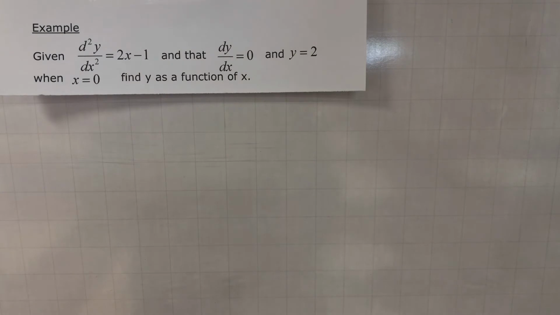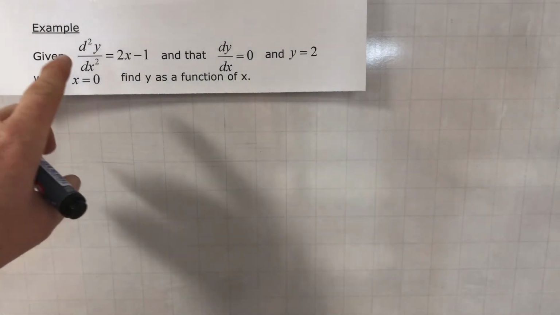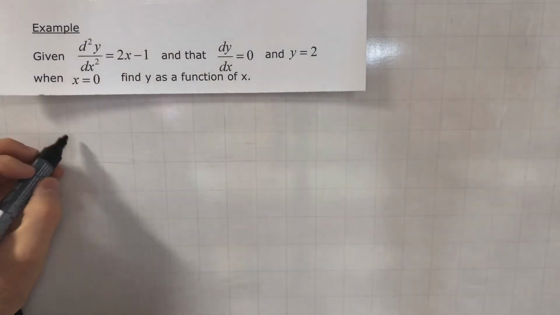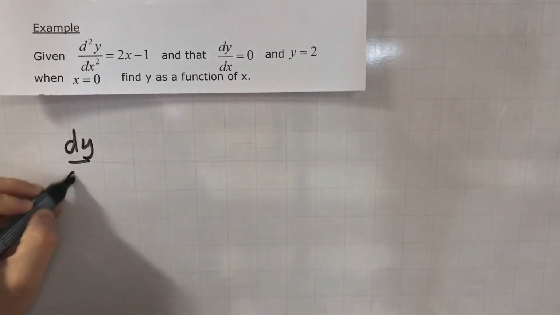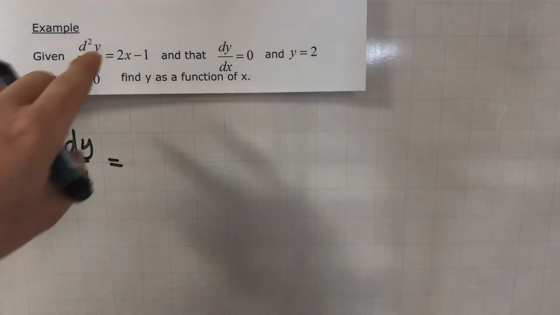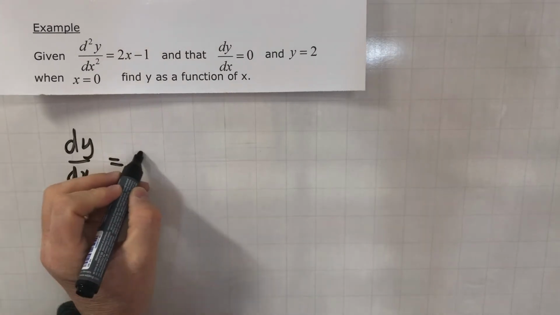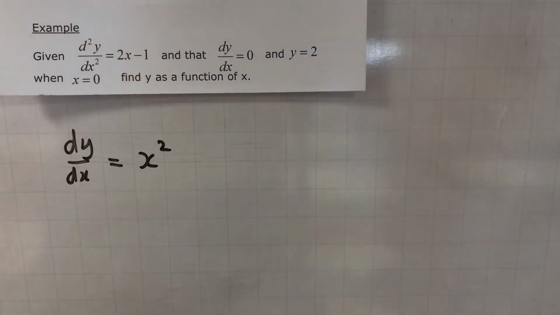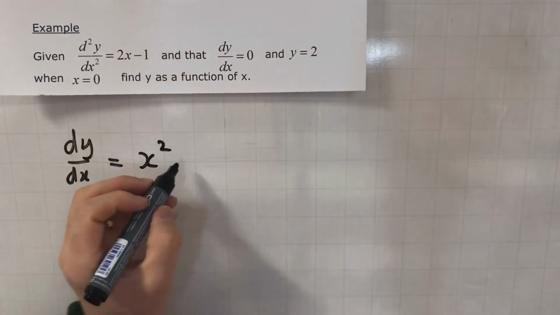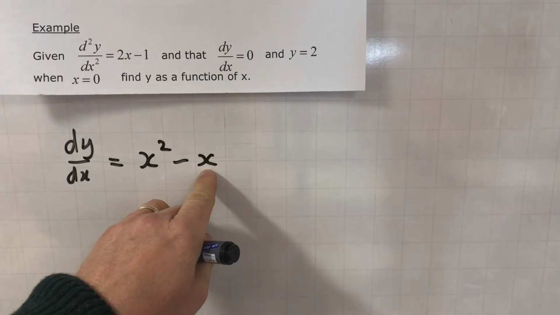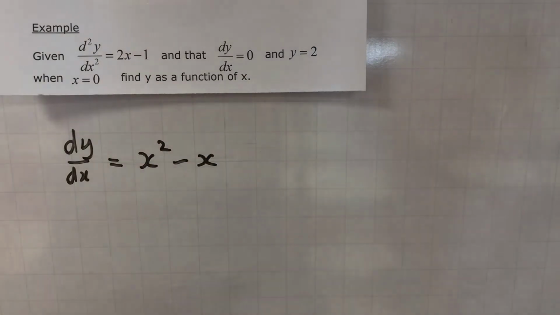So let's have a look at this from a different angle now. Here, I've already given you the second derivative. Well, I can work backwards and find what the differentiation was, because that had to have come from x squared, because x squared differentiates to 2x. That had to have come from minus 1x, because minus 1x differentiates to minus 1.